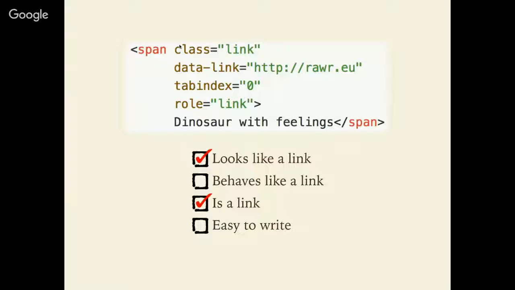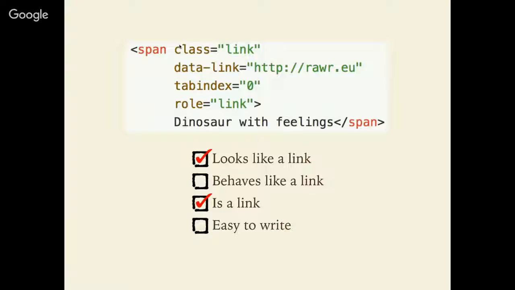The current slide shows the same code example with the span element, but this time we have a tab index of 0 added and a role that equals link. So the checklist underneath now has a check next to looks like a link and next to is a link.